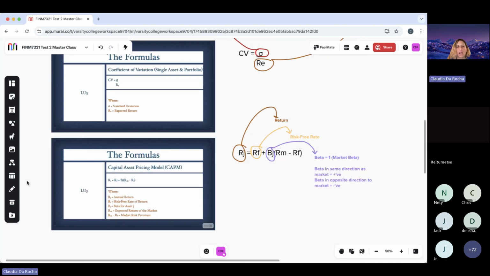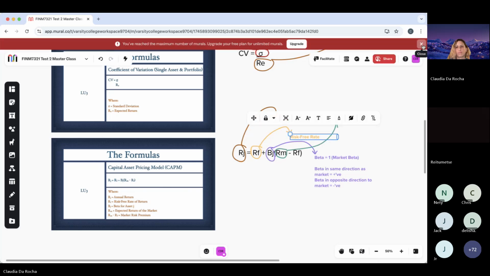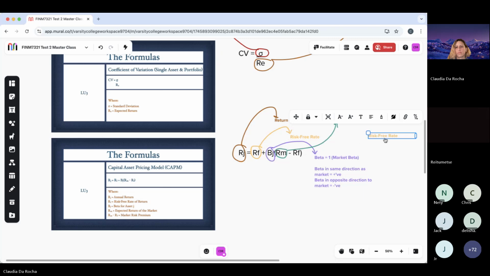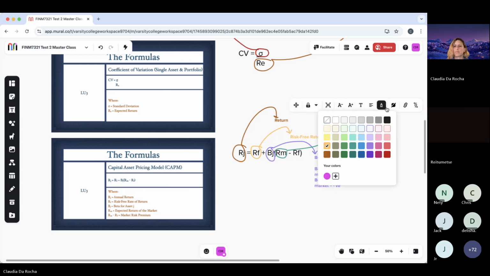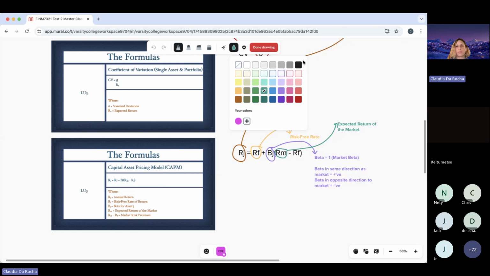Then we have RM, which is the expected return of the market. And then your RM minus RF is what we call our risk premium.